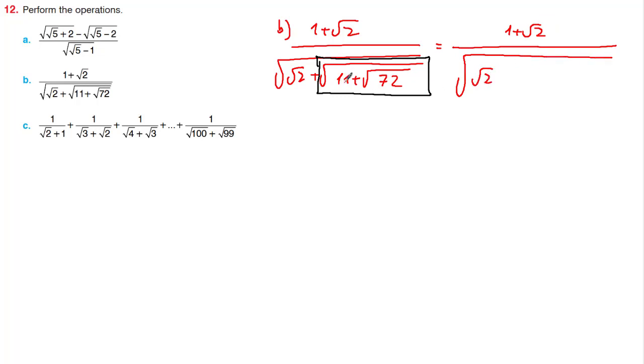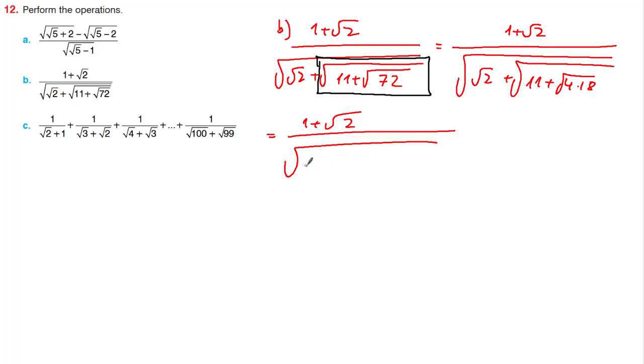Now here, I can rewrite 72 as 4 times 18, so it would be square root of 11 plus 4 times 18 under the same square root, which will make it square root of 11 plus 2 root of 18.